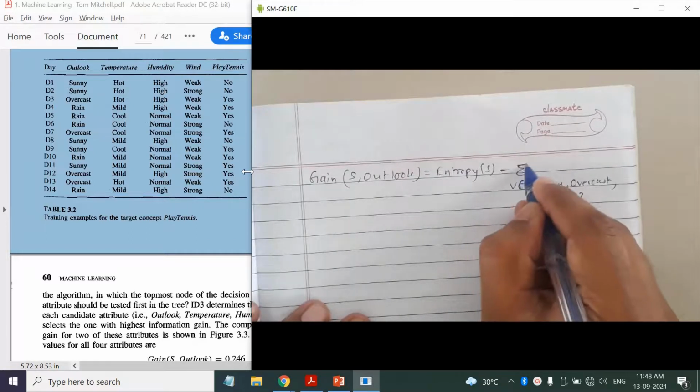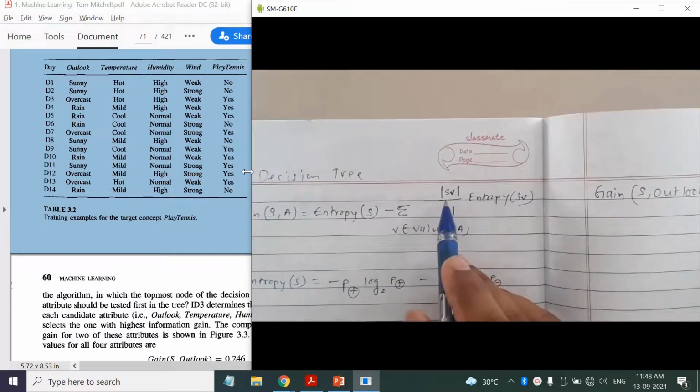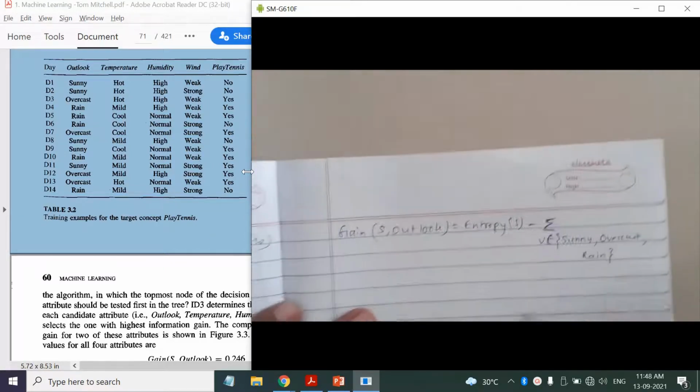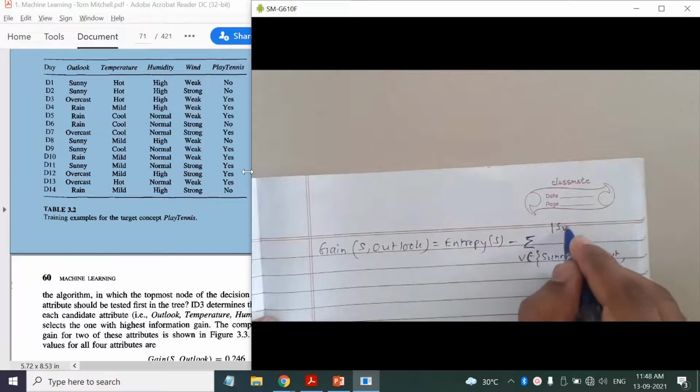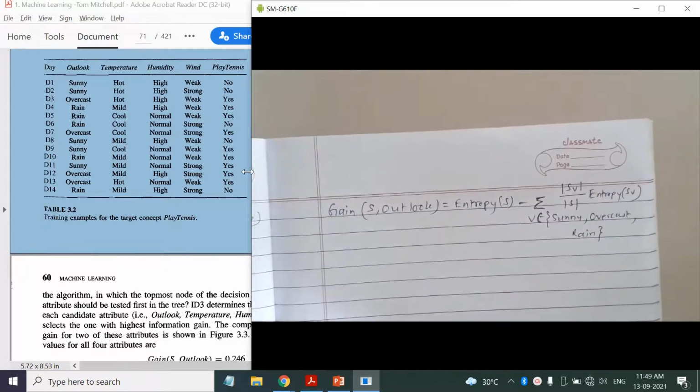So we have a summation of the cardinality of SV divided by the cardinality of S, times the entropy of SV. Now let us calculate.